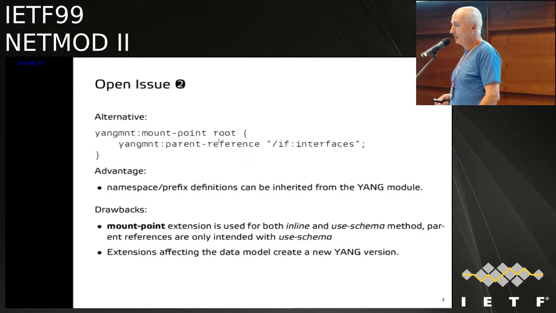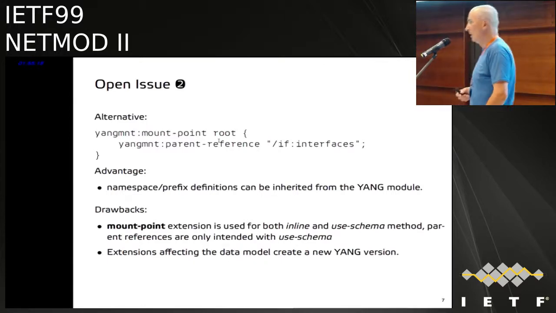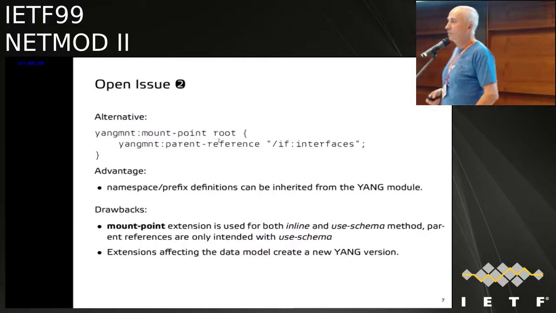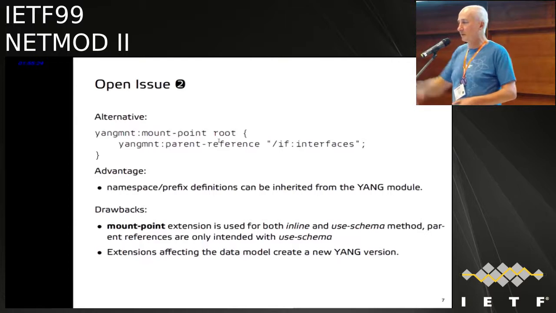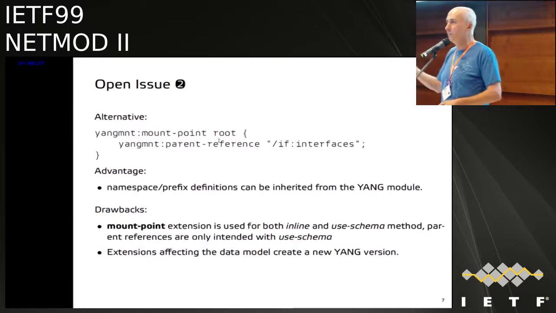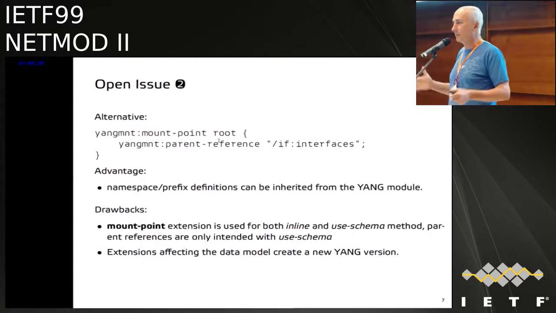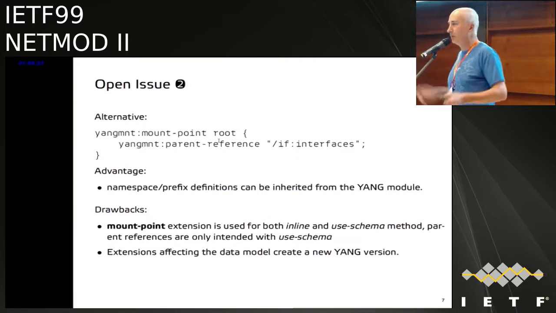And second, and maybe more important, in my opinion, extensions should be used only sparingly, especially extensions like this that really change the meaning of the data models. That means that a client that doesn't understand it cannot simply understand the data model, and different clients may end up with different validation results, for example, or just break.